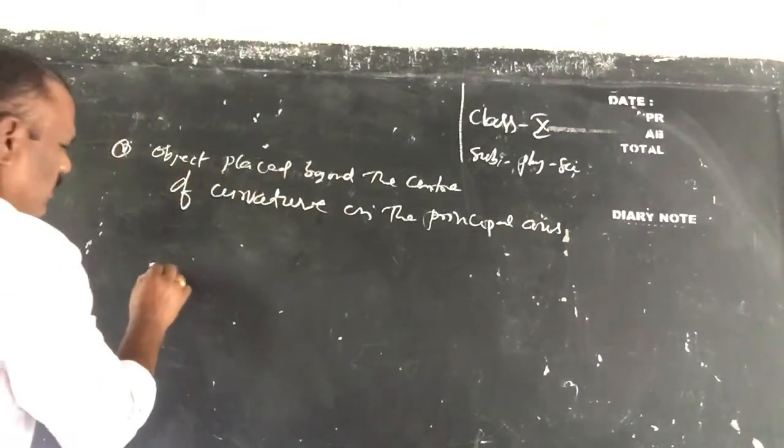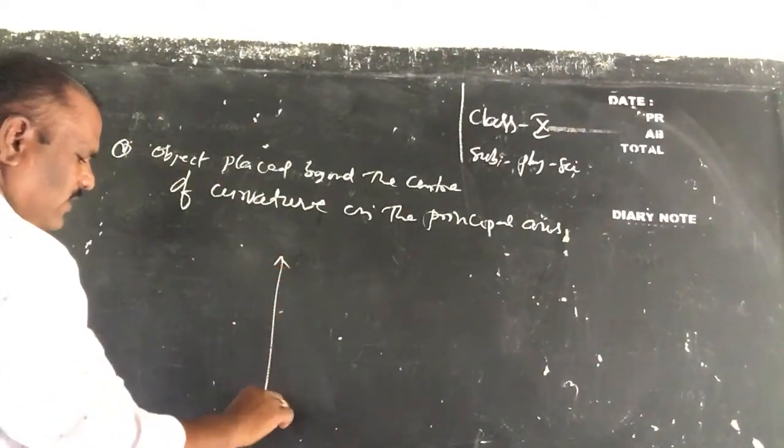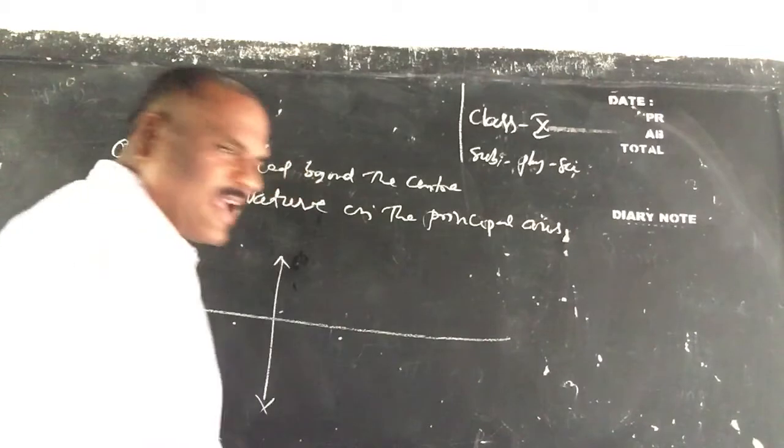Children, here first draw the figure, the convex lens, and this is the principal axis.